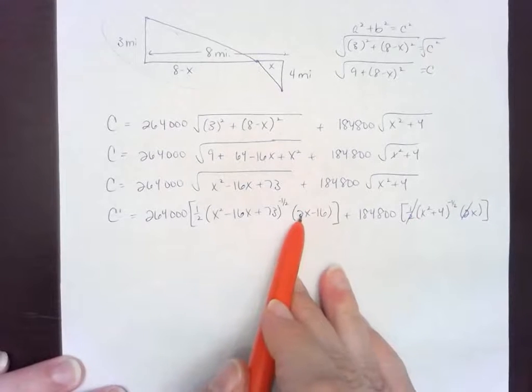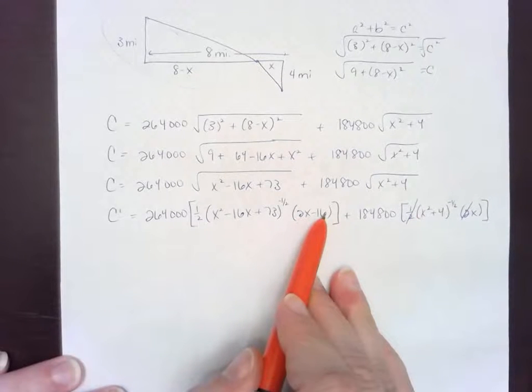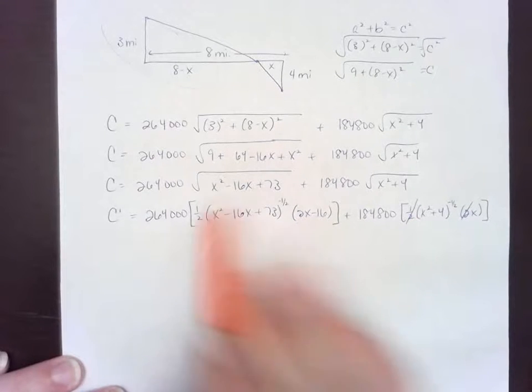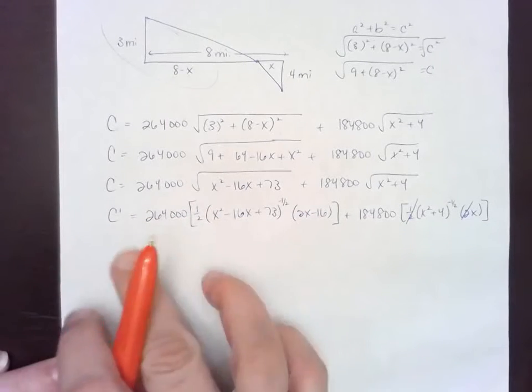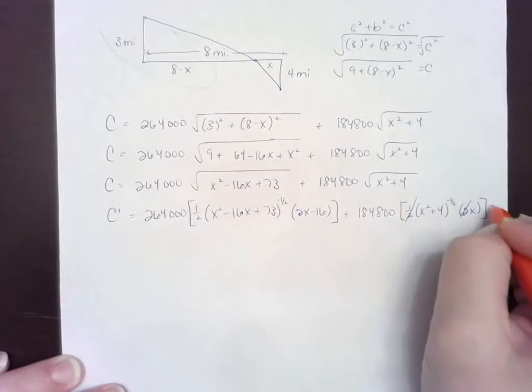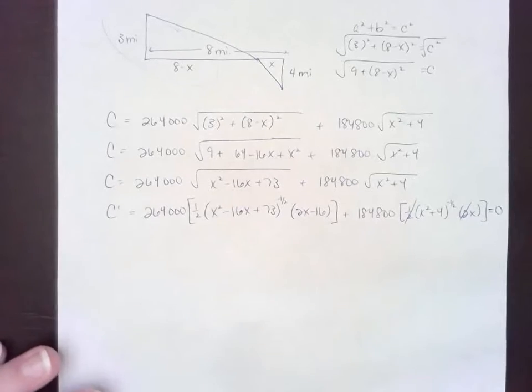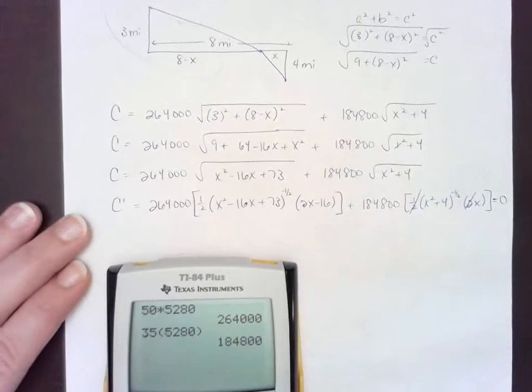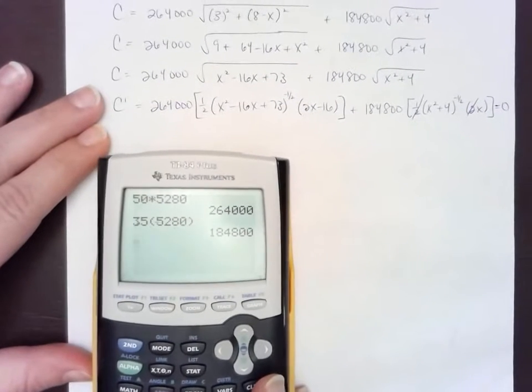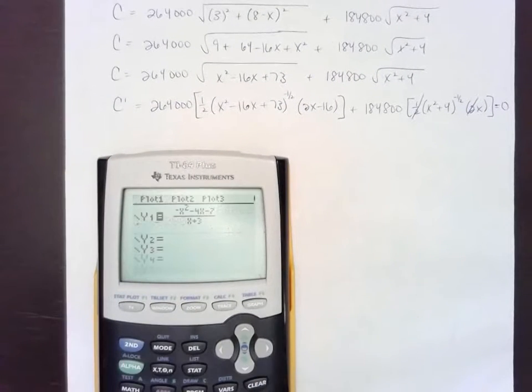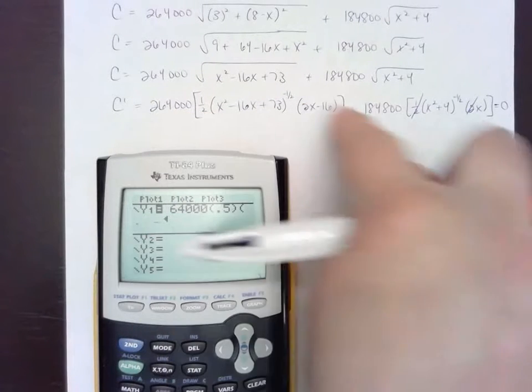I could cancel this 2 and change this to an 8 and cancel it with the 1/2, but that gets complicated. Now I'm just going to type this into the calculator because I don't want to solve that by hand. That doesn't mean that it's difficult. It just means, you know, it doesn't mean that it's irrational, I should say. But I just don't want to do it. So 264,000 times 0.5 times, and because this is a product, I just got rid of those brackets.